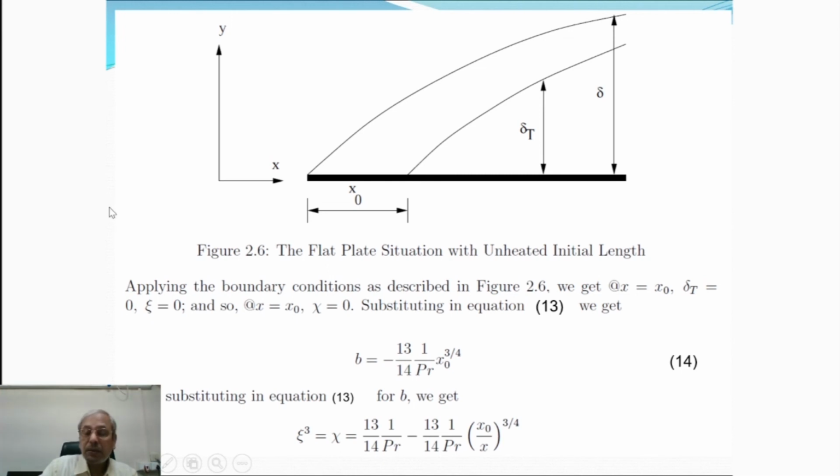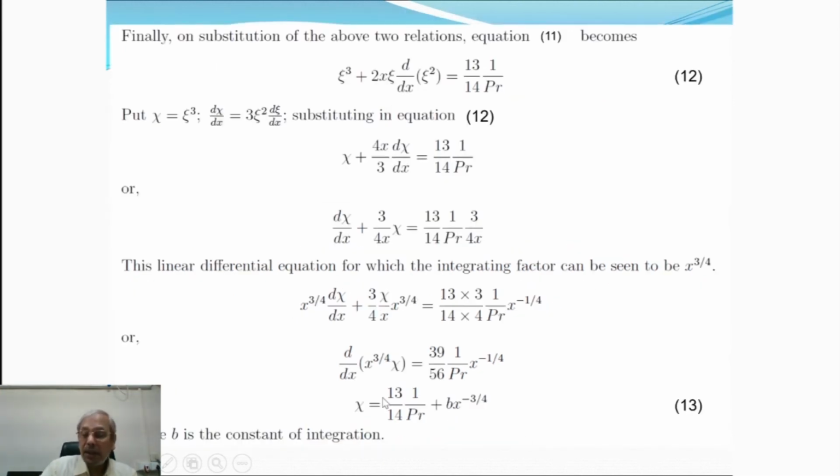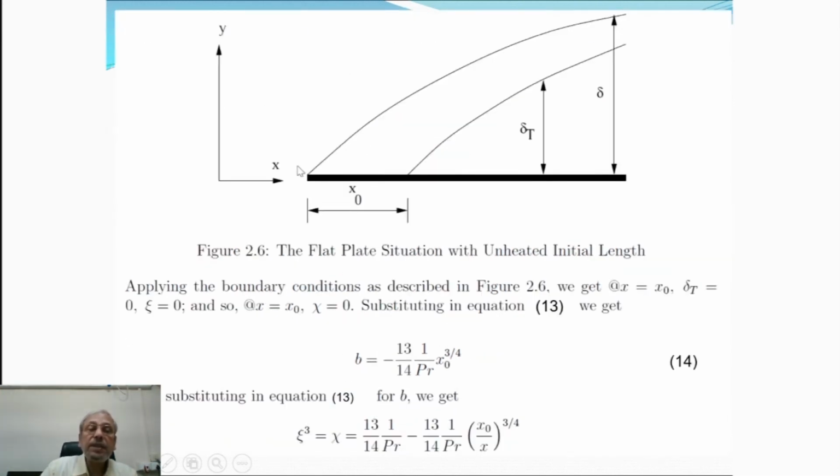And so this is the equation, and the situation is we have both velocity boundary layer and thermal boundary layer. Now here we can consider a small unheated length from where the heating starts, beyond that heating starts, and the thermal boundary layer starts growing.